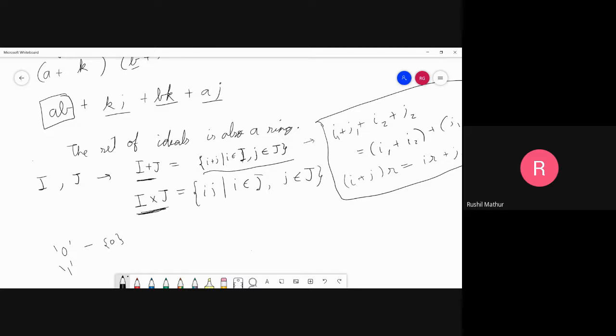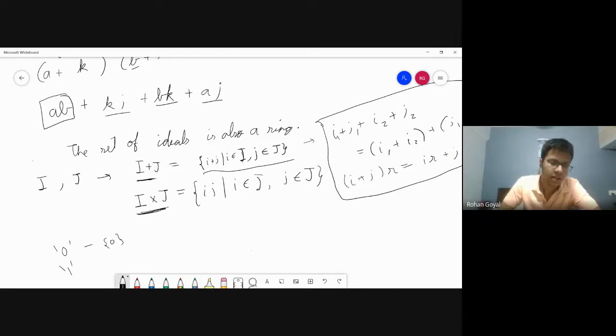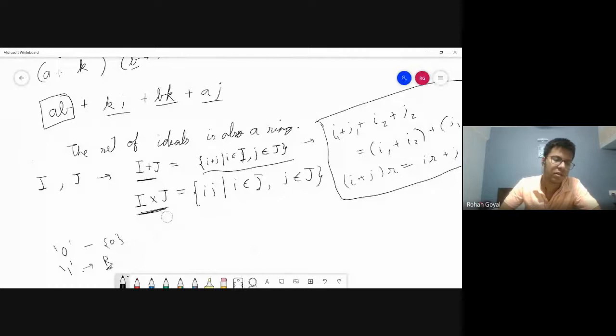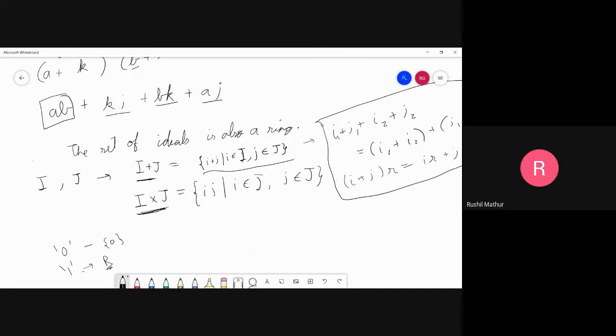Okay, I mean the entire ring itself is an ideal, right? So it can also act as one for our purposes. It works well enough. Makes sense? Yeah.